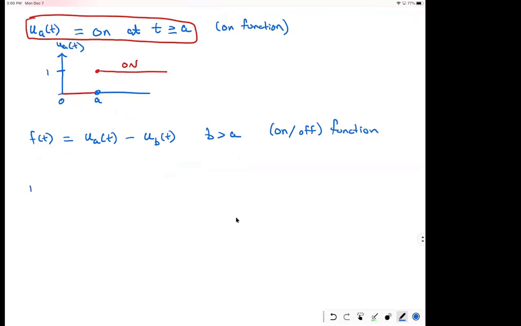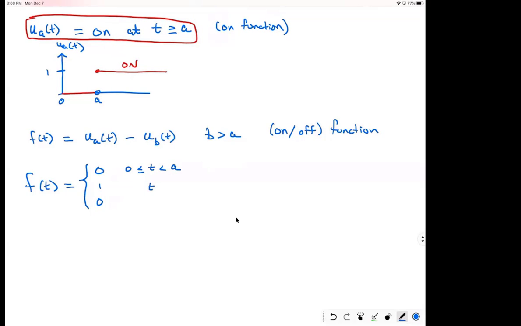And f of t as a piecewise function would look like this: 0, 1, and 0. For the initial 0, t is in between 0 and a.